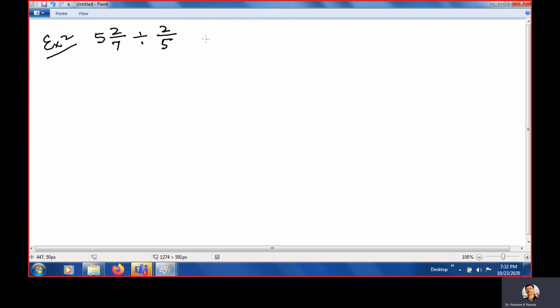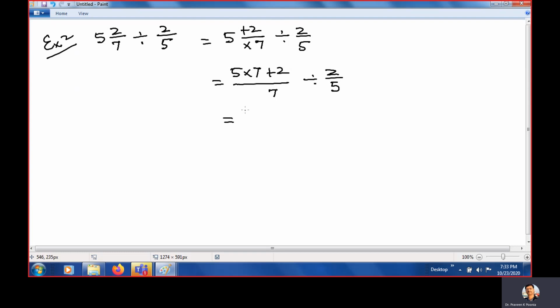So how are we going to do it? 5 plus 2 times 7 divided by 2 upon 5, and this is 5 times 7 plus 2 upon 7 divided by 2 upon 5. So 5 times 7 is 35 plus 2, 37 upon 7, and this is divided by 2 upon 5.